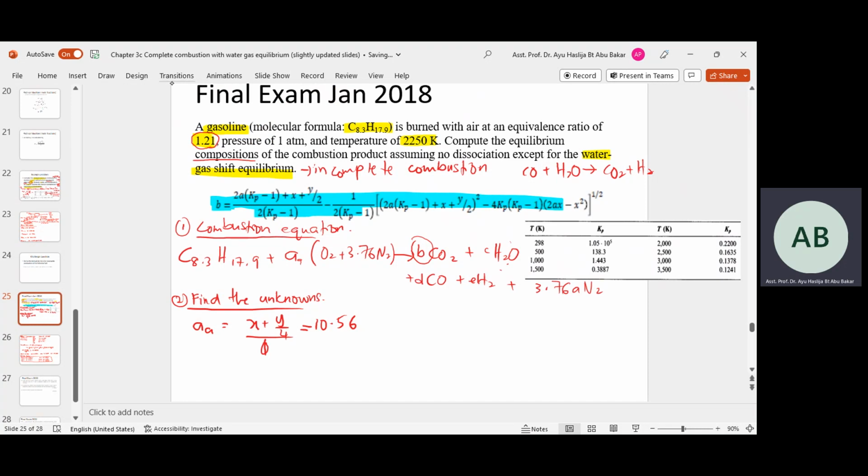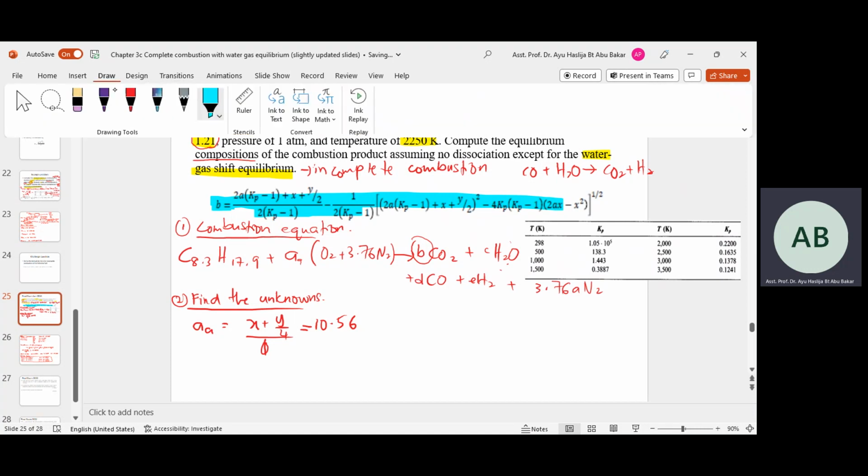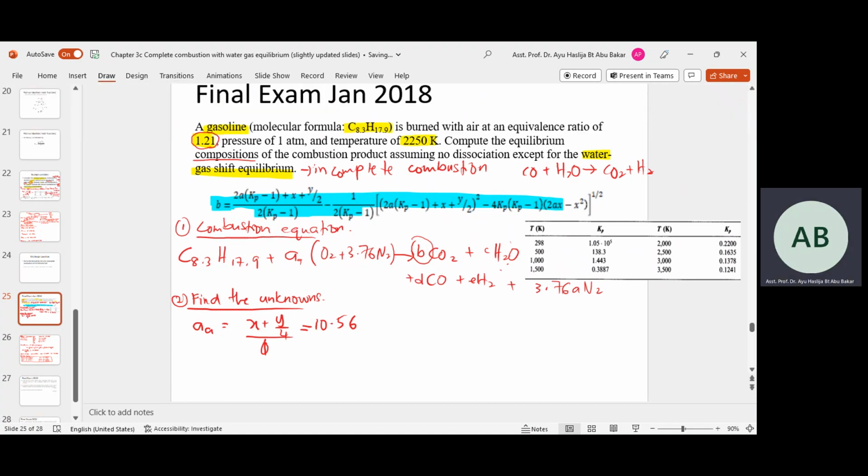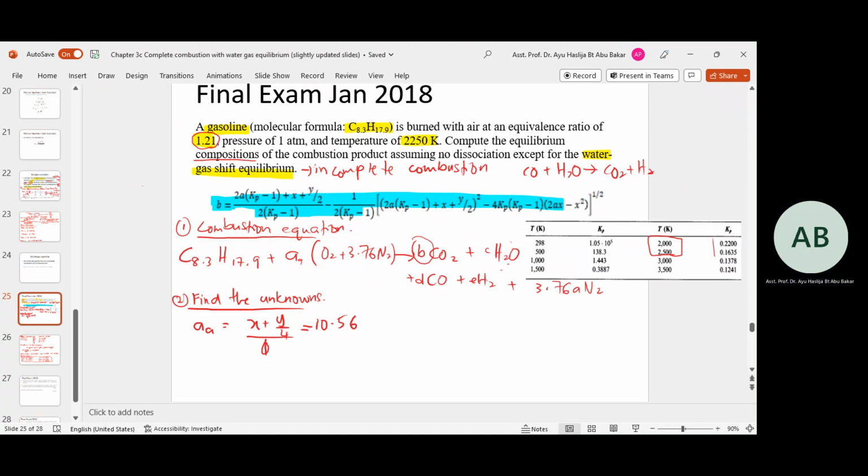The Kp here refers to the statement 2250 K, the T outlet. So the Kp value falls between 2000 to 2500. Now from here, do interpolation, then you will find your Kp.